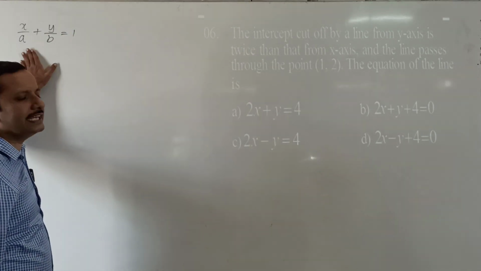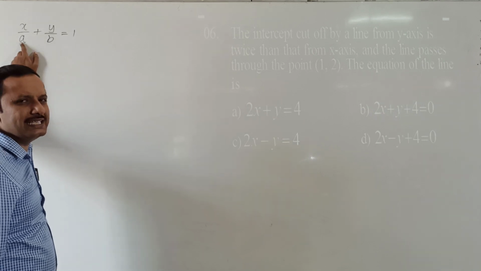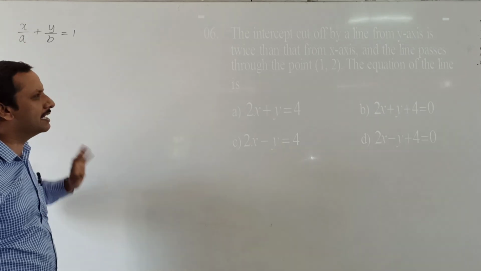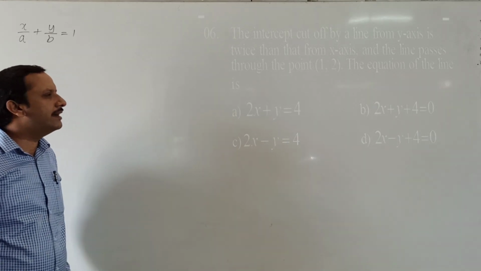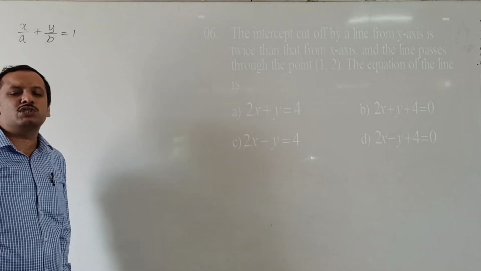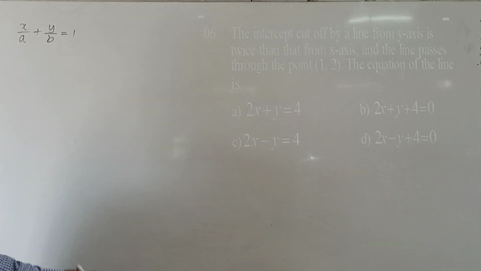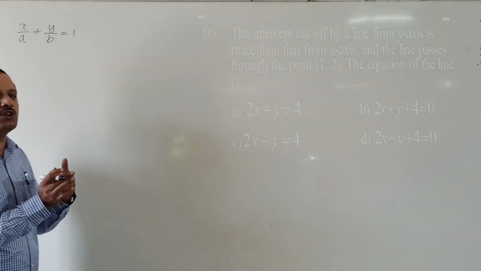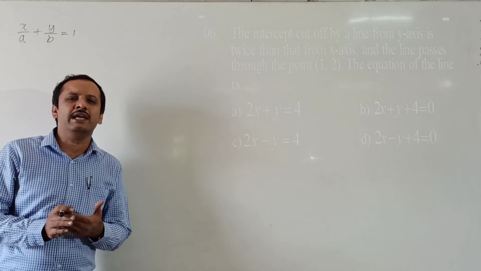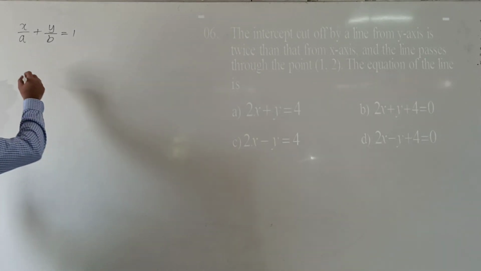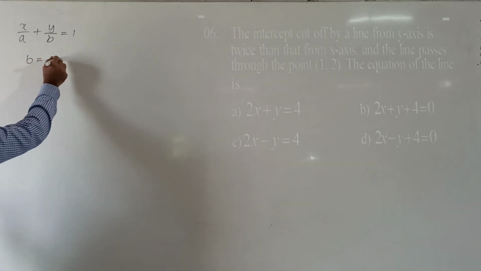Here a is the x-intercept and b is the y-intercept. Here they have given that the intercept made by the y-axis is twice that of the intercept made by the x-axis, which means b is equal to 2a.